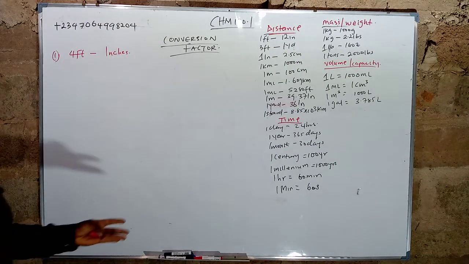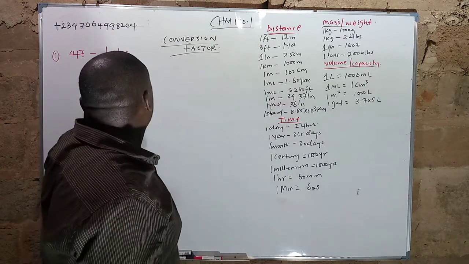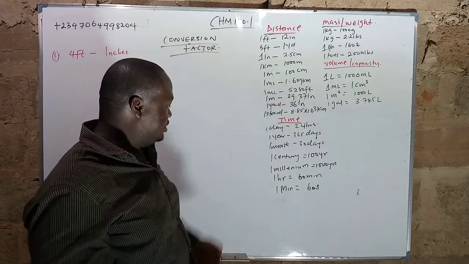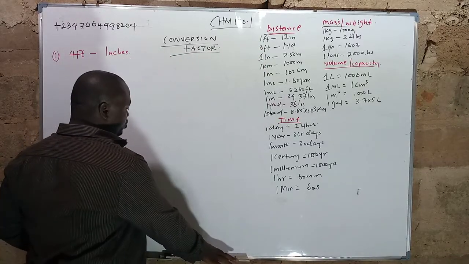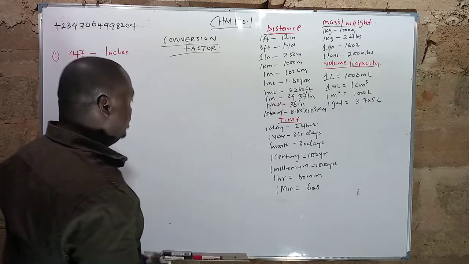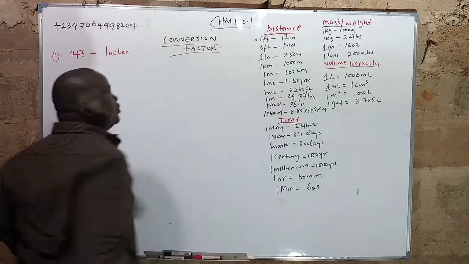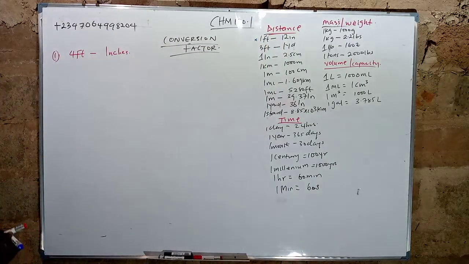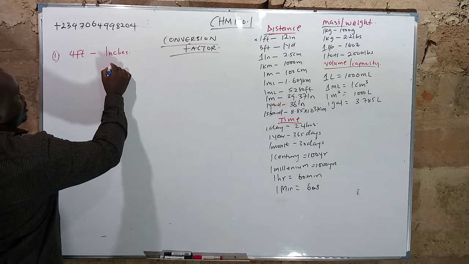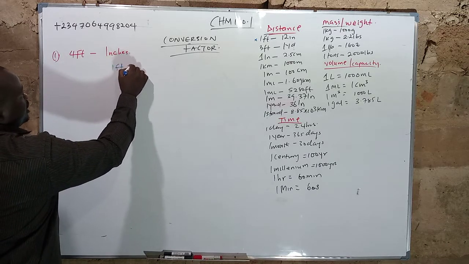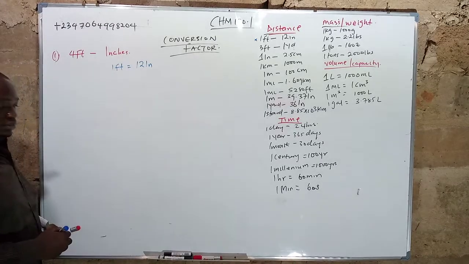Now, of course, having committed this to memory, you will come here and look at which of these relates inches to foot. You can see the one that relates it is this one, right? So this is 1 foot is equivalent to 12 inch. So this is the conversion factor.